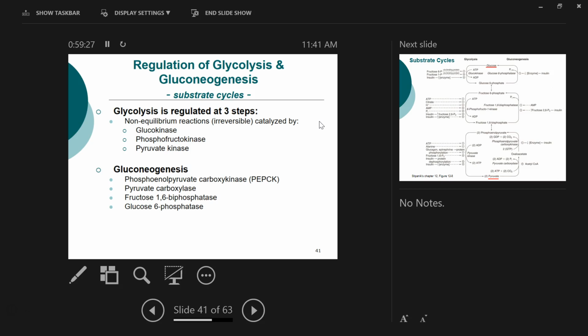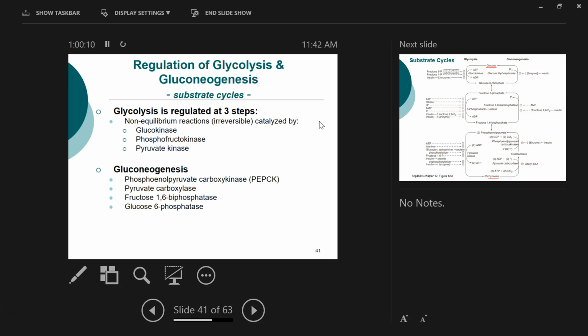So in the gluconeogenic pathway, we have 4 key enzymes that catalyze the 3 irreversible reactions, right? They are phosphoenolpyruvate carboxykinase (PEPCK), pyruvate carboxylase, fructose 1,6-bisphosphatase, and the last one is glucose 6-phosphatase. And these key enzymes are very important.